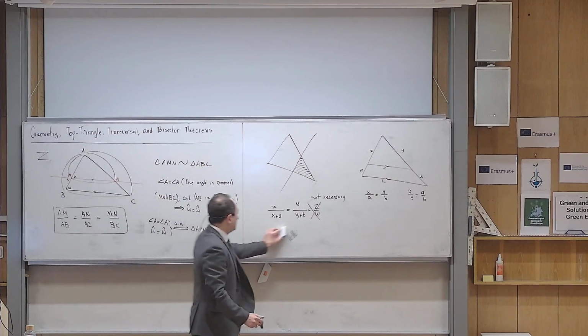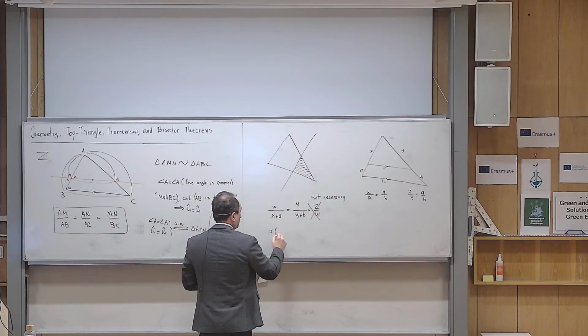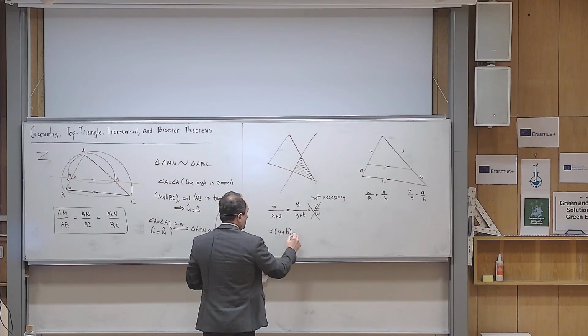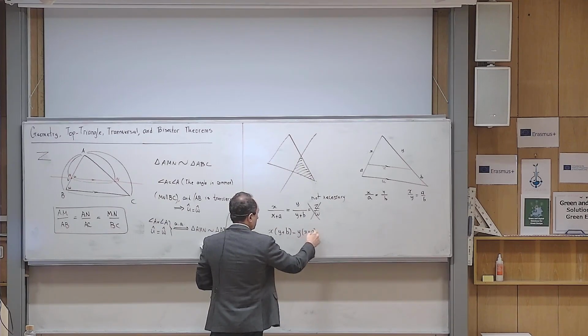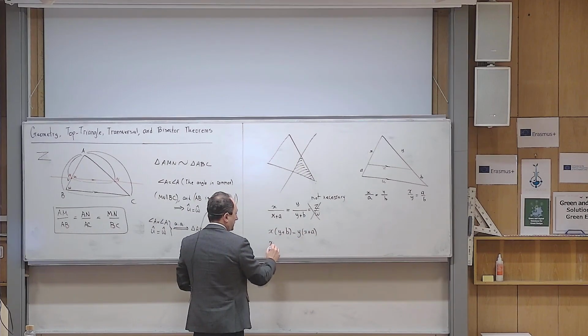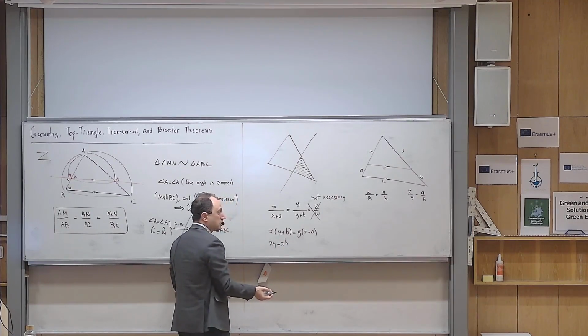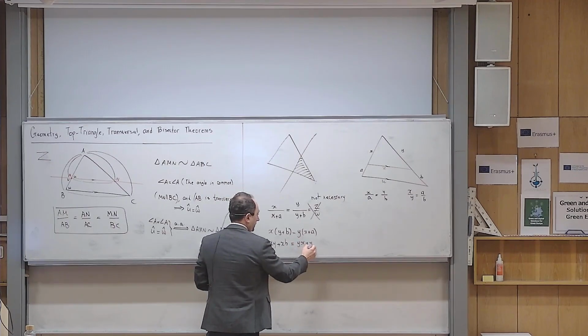I can conclude that x times the whole expression is equal to this times that expression, yes? But then let me multiply things, so it becomes xy plus xb. This is algebra, this is not geometry anymore. And then this becomes yx plus ya.